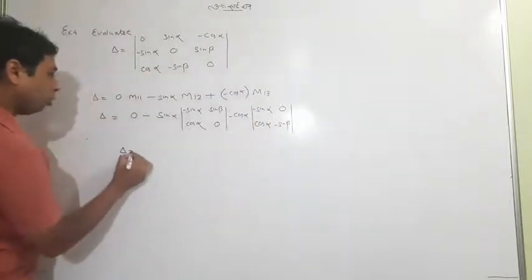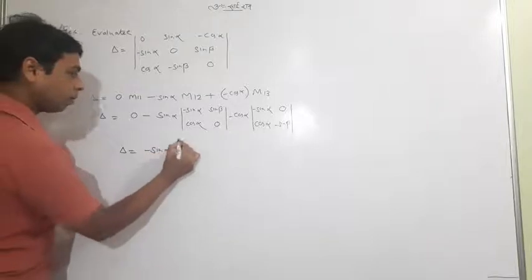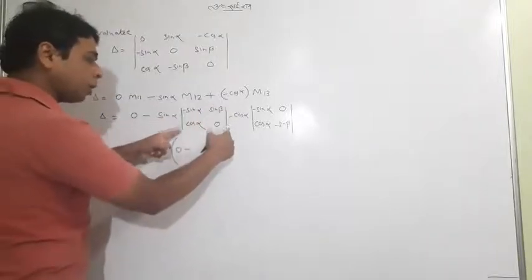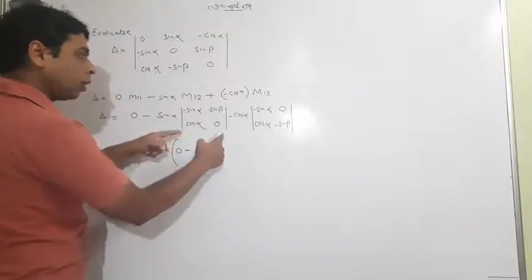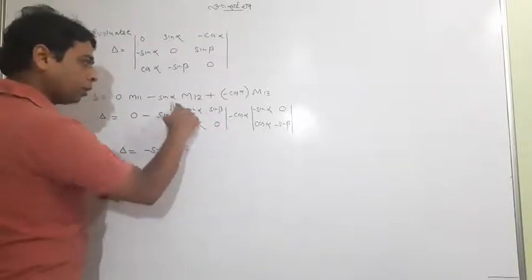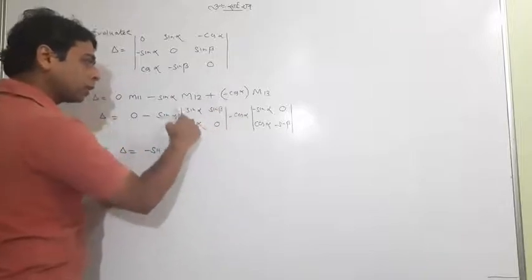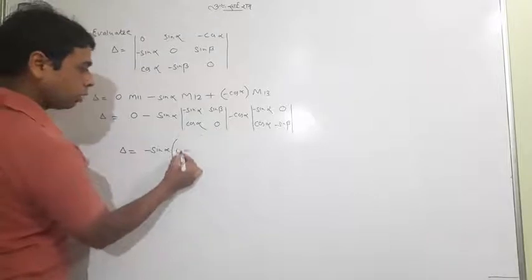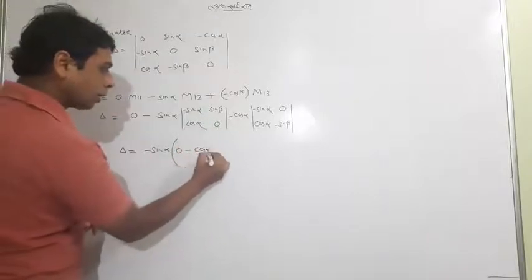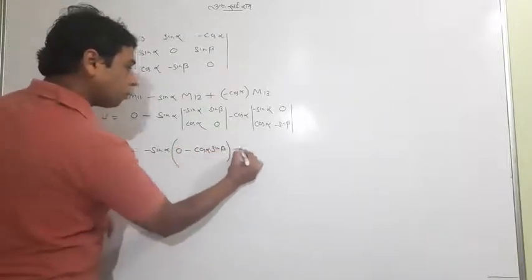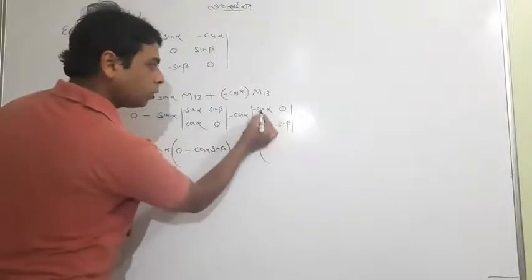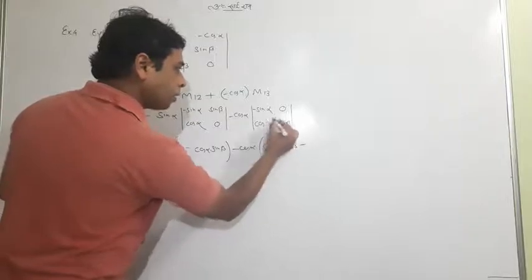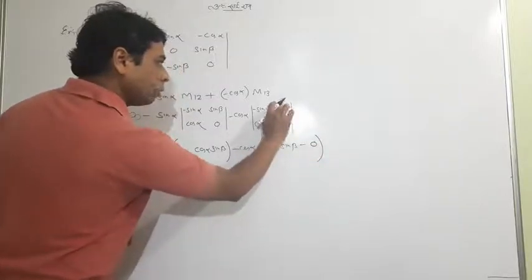Now open it all the way. This is minus sin alpha, this into this. By expansion of these 2 by 2 determinants, you should not use this sign, just use the bracket. This into this is 0, this into this is cos alpha sin beta, minus cos alpha, this into this, minus minus getting plus sin alpha sin beta, and this into this is 0.